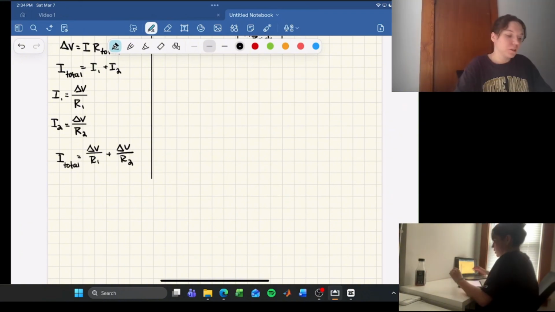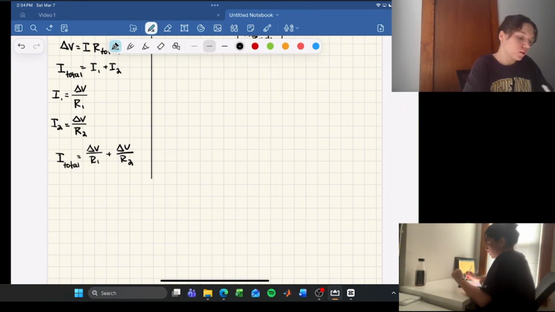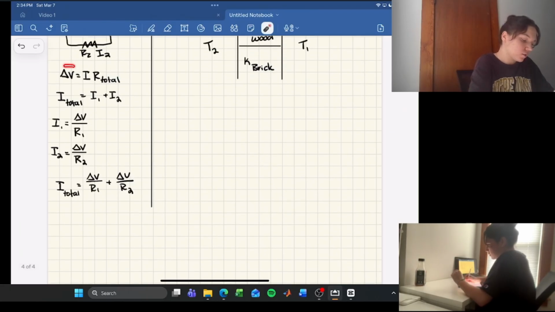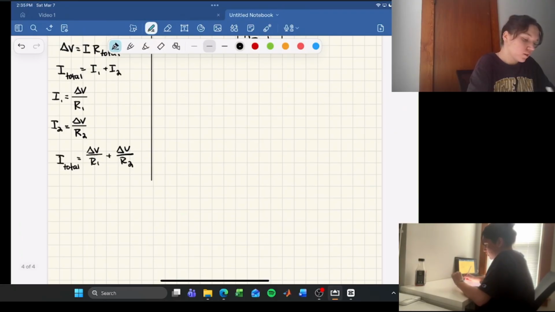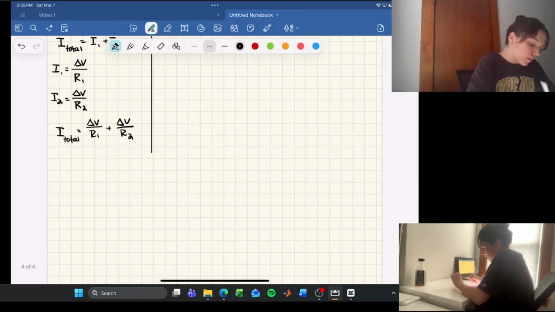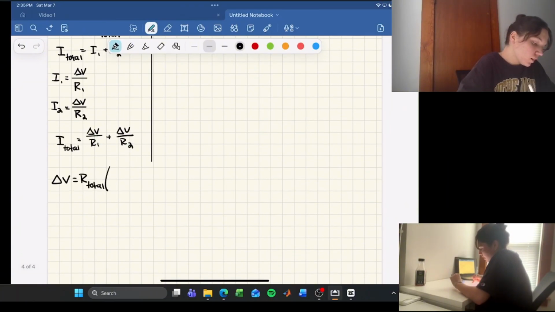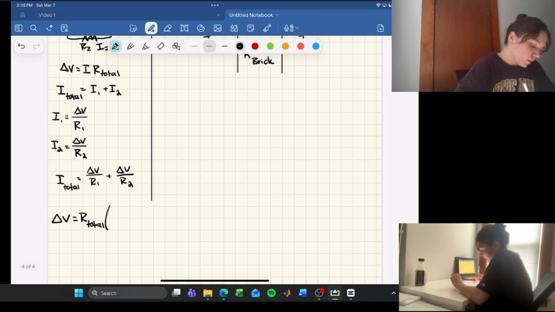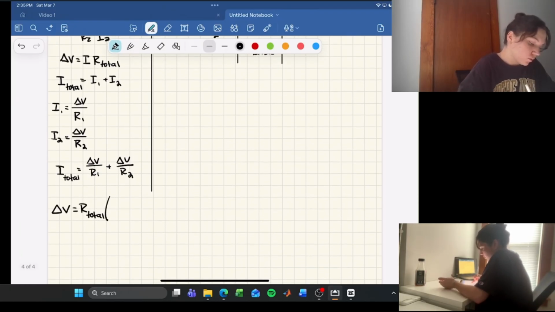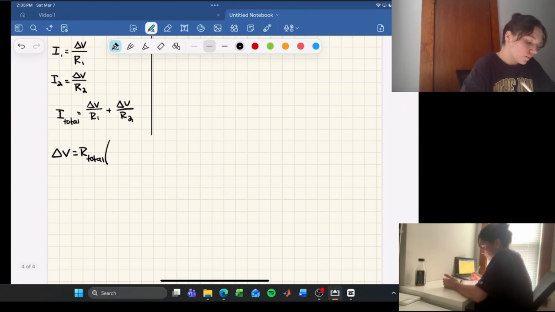Okay, so now we can look back at this overall equation and plug in what I is. So the change in voltage is equal to the total resistance times I1 plus I2, which is the total current.